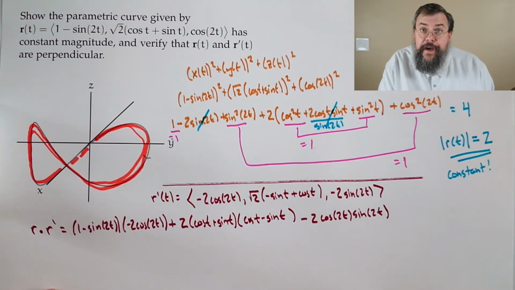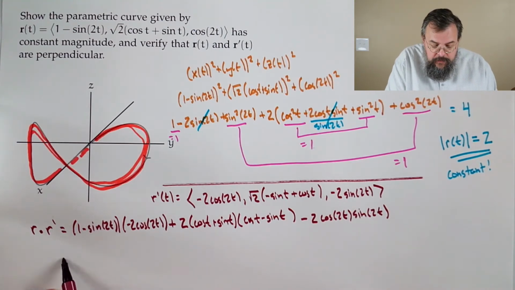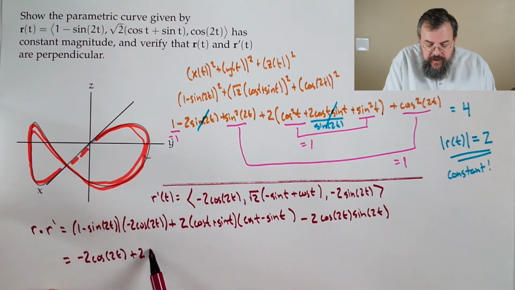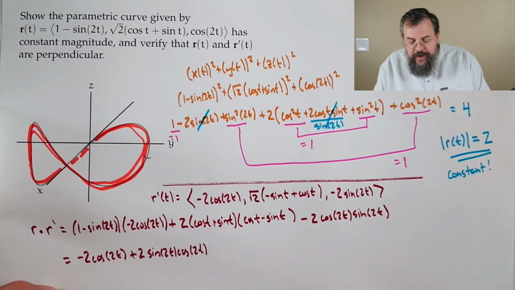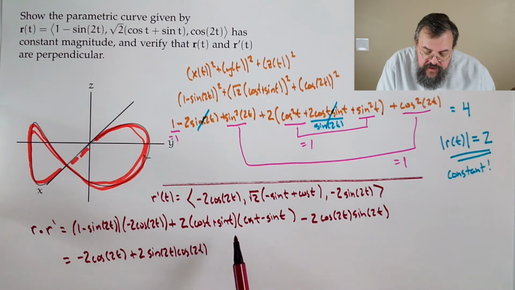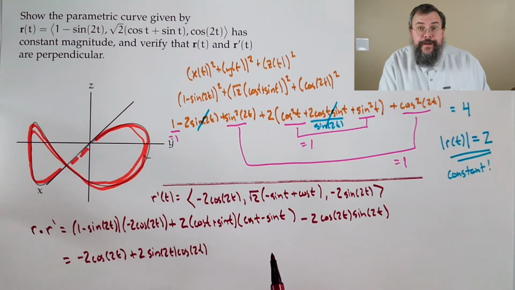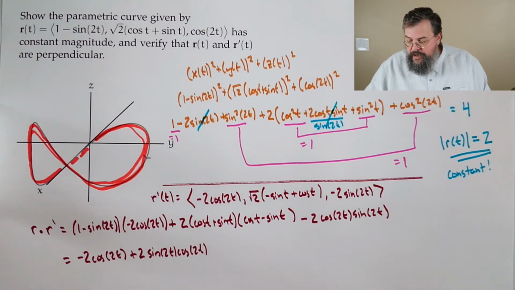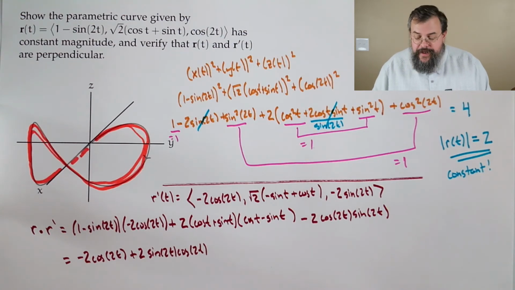Well, we expand. Multiplying this out, minus 2 cosine 2t plus 2, minus 2 times minus, that's why it's a plus, sine 2t cosine 2t. Now, our middle term, this is good. Look at our middle term. Cosine plus sine, cosine minus sine. If you expand that, you're going to end up with cosine squared minus sine squared.